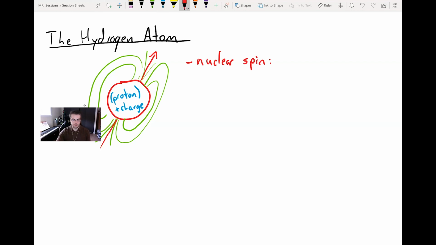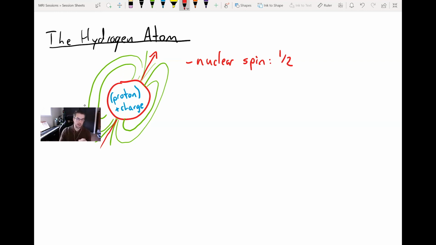For hydrogen, the number that is associated with its nuclear spin is 1/2. It's because it has 1 proton and no neutrons, which means it has an odd number of those particles, it has 1, so its spin is 1/2. There's probably a more correct way to describe that, but I've never run into needing to know it for an exam, which again is the level that I'm teaching at. So we're leaving it at that.